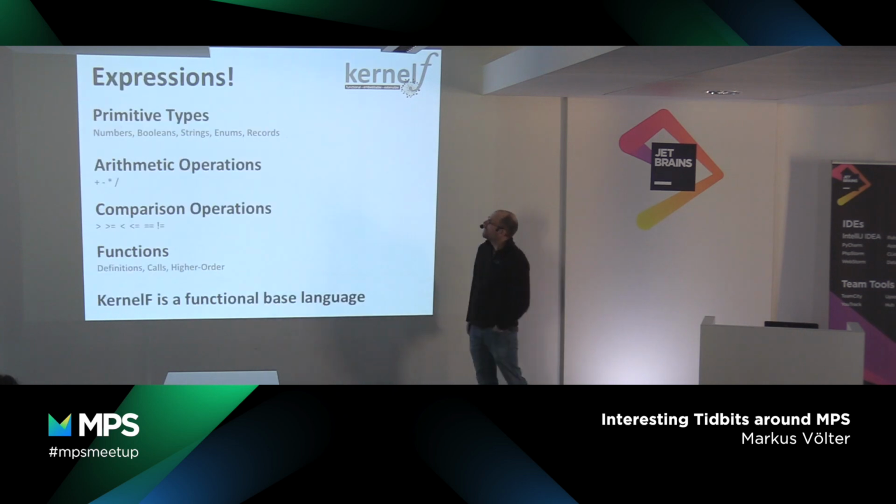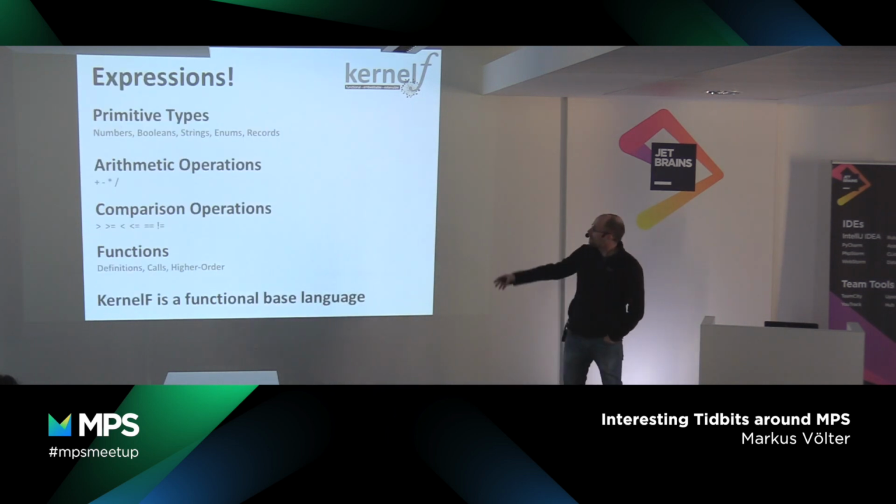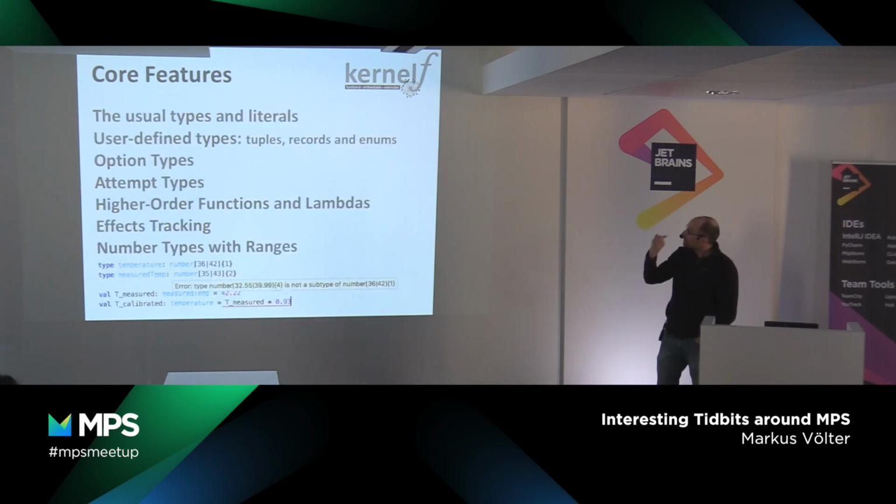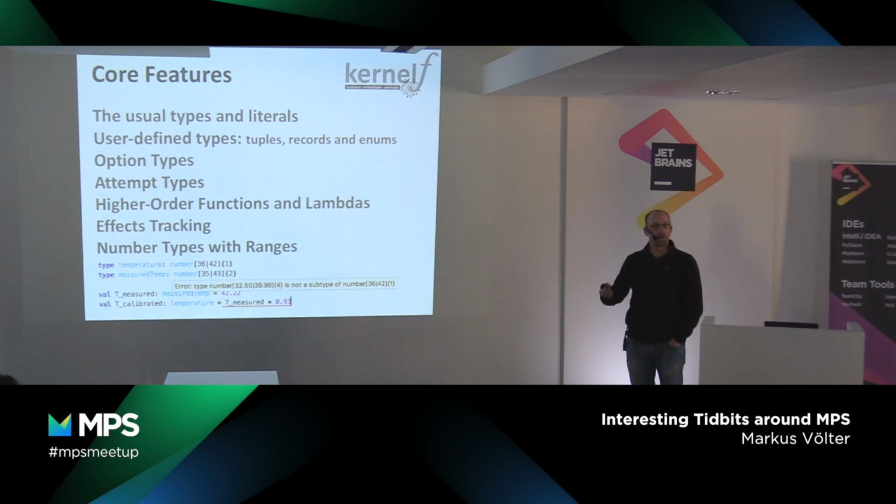So it has primitive types, arithmetic operations, the usual stuff. But then the number types, for example, they do range tracking, right? So as part of the type system, you get errors if your number gets out of the specified range. It isn't a perfect implementation, because if it were, we'd need a complete dependent type system, which is also something that is not quite so simple.